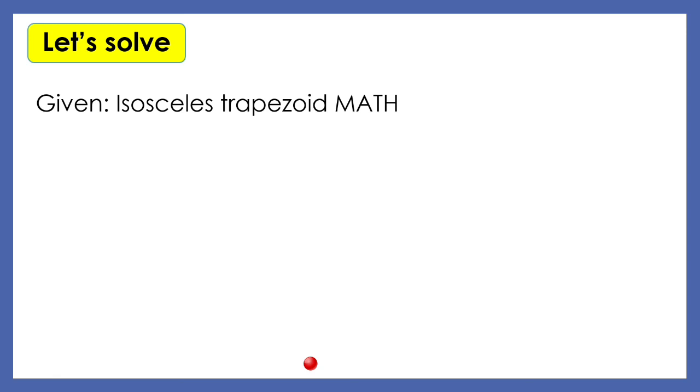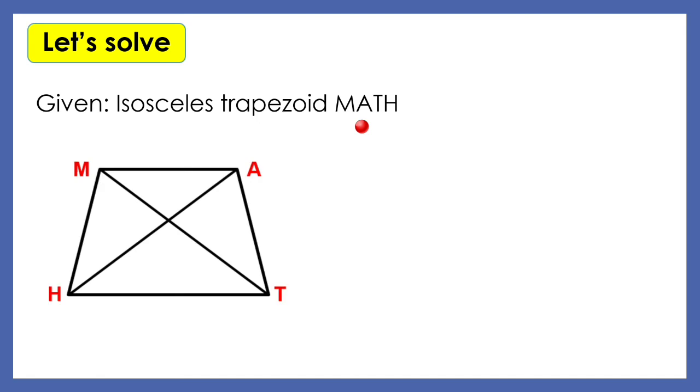Let's solve. Our given is isosceles trapezoid MATH. So, we have here isosceles trapezoid MATH. For number 1, if line segment MT is equal to 36, what is the measure of line segment AH? So, line segment MT is one diagonal.